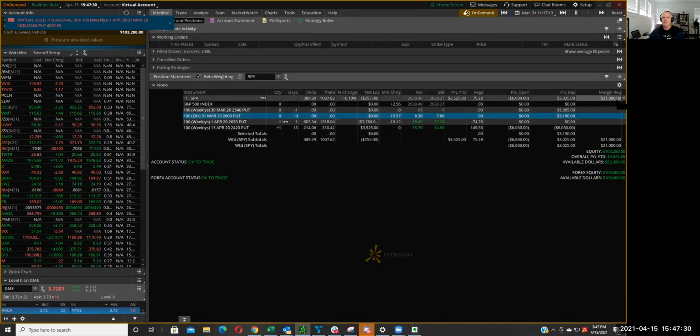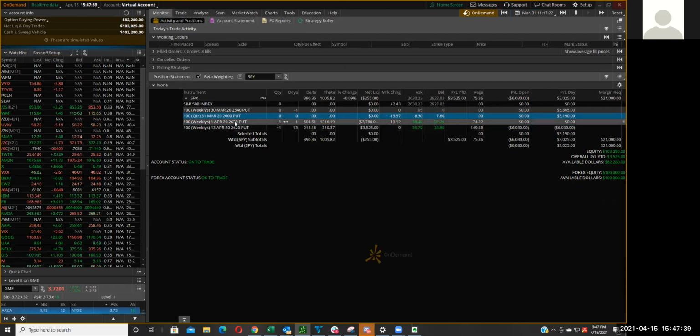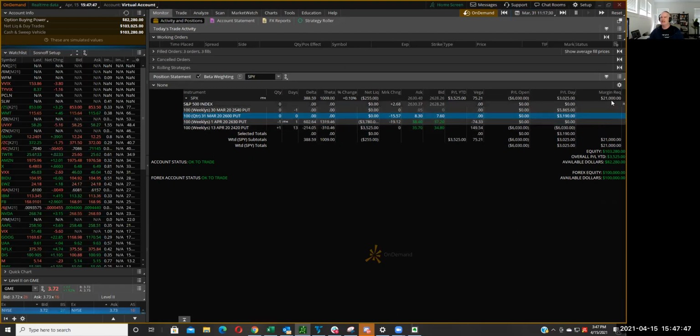Currently now the margin is 21,000 because it's now what, 210 spread difference. Sometimes Bill tends to adjust his. I tend to leave it alone unless I can't take this buying power for some reason.